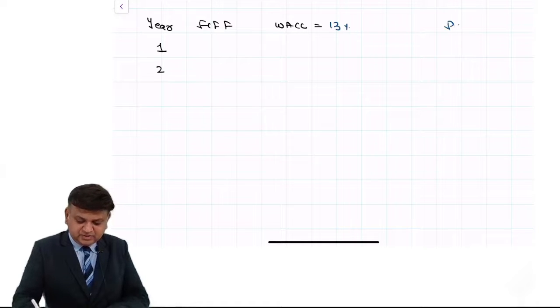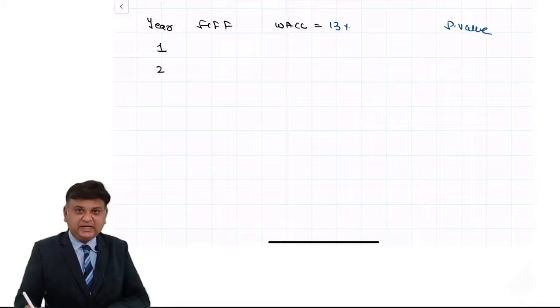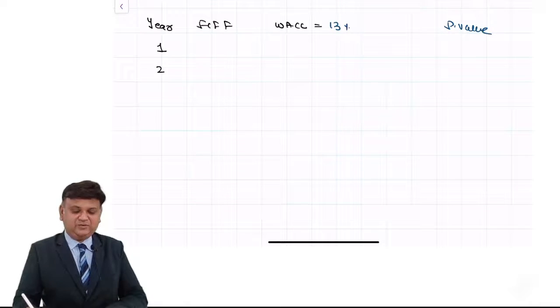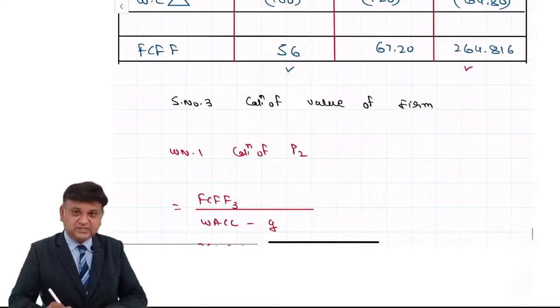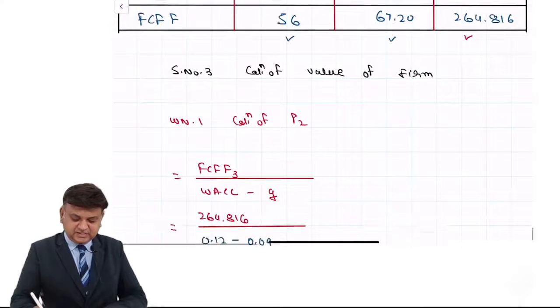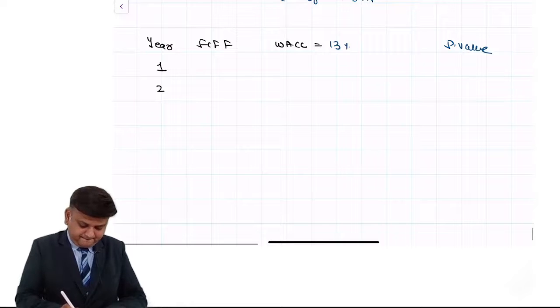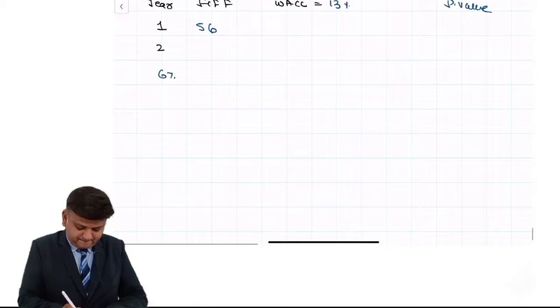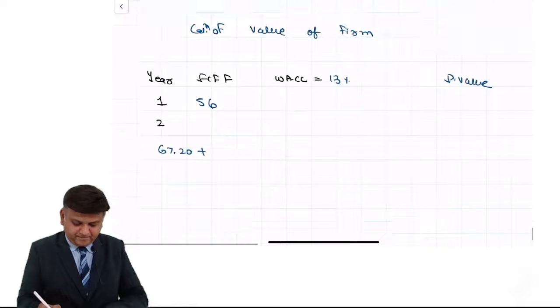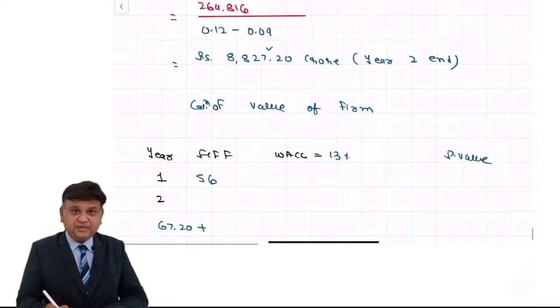We'll compute the present value, and that is the way the value of the firm can be calculated. First year free cash flow for the firm is 56. Second year it is 67.2. P2 is 8827.2.